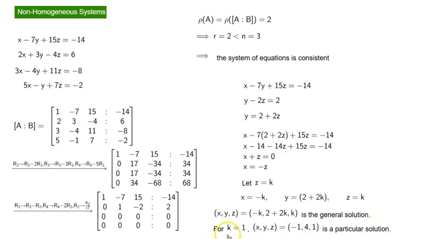So by using different values for k, we can arrive at different solutions for this system of equations. And since k is in the set of complex numbers, there are infinitely many solutions. So that was non-homogeneous systems. That's it for now.